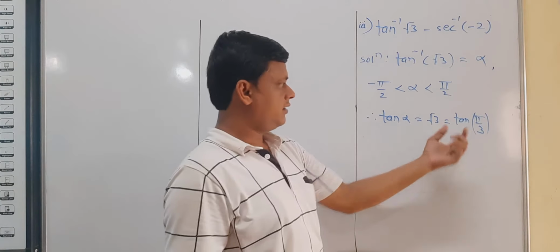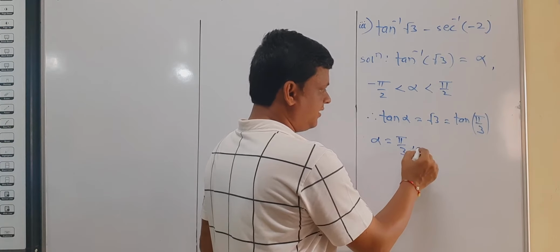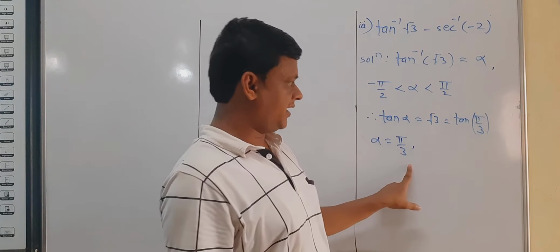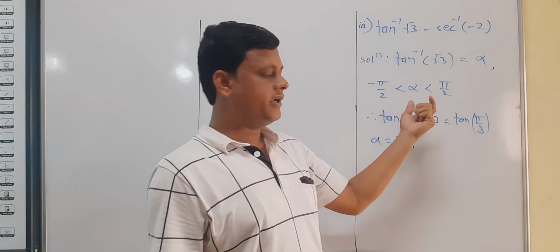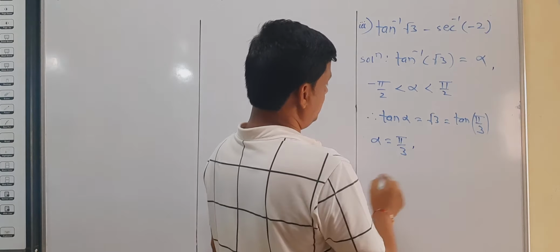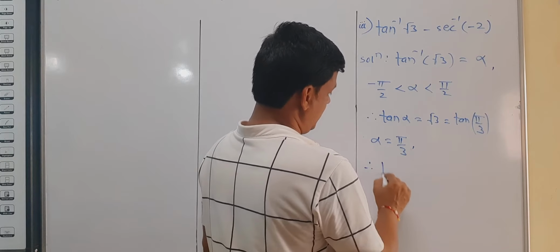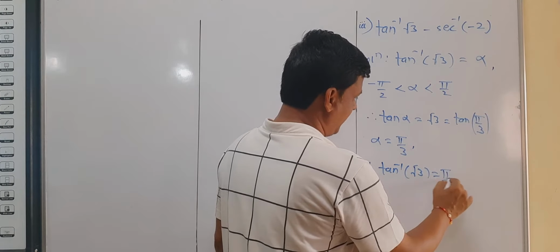So alpha is equal to pi by 3, and pi by 3, that is 60, belongs to this open interval minus pi by 2, pi by 2. Therefore tan inverse of root 3 is equal to pi by 3.